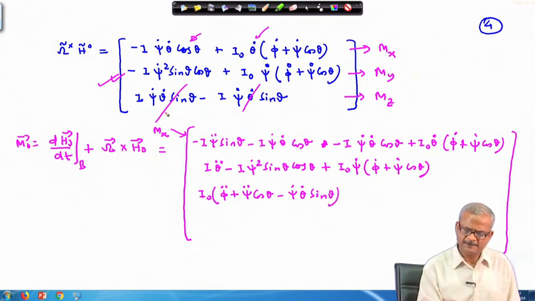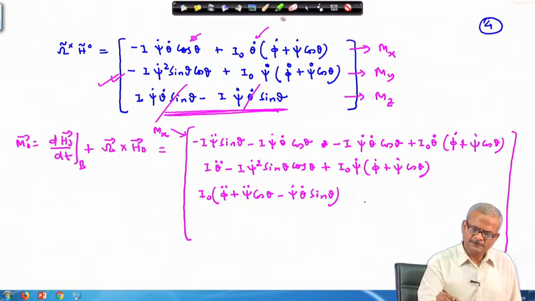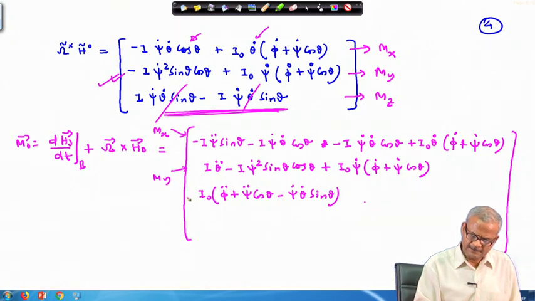Okay. Here in this place, this quantity cancels out. So, that part is your 0. So, this part is not counting, so we remove it from this place. Therefore, what we have got here is your m y, and this part is your m z.